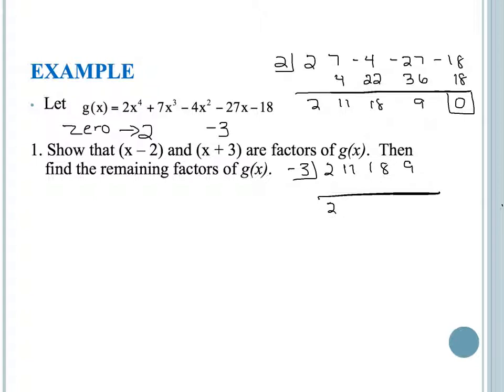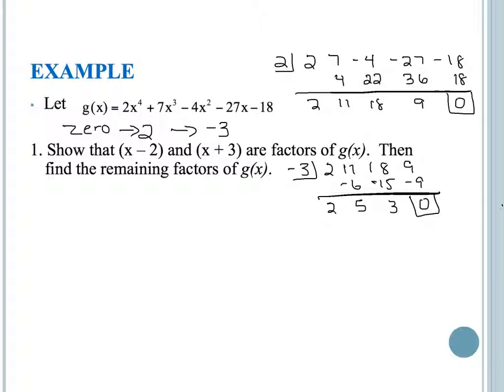So I bring down the 2, and thankfully that also gave us a 0. So again, that's the rest of our work to tell us that we have a 0 at negative 3.